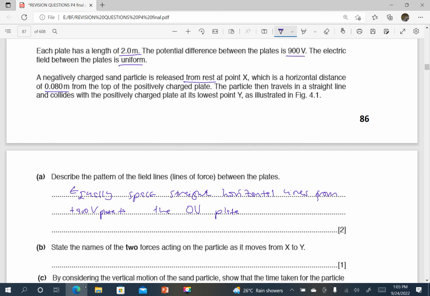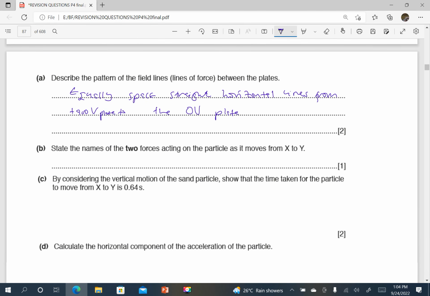So those are the field lines. They are equally spaced. Because the plates are vertical, the field lines are horizontal.